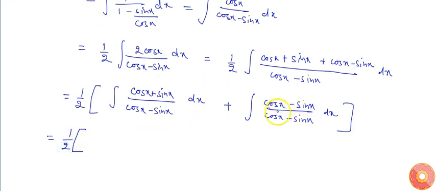From here it will get cancelled, so it is integration of 1 dx, so it is easier to calculate the integration of this part.